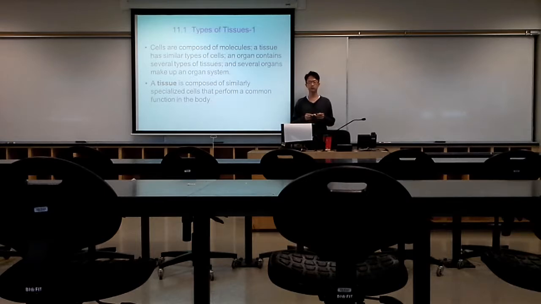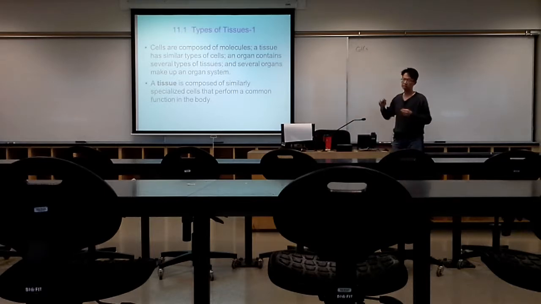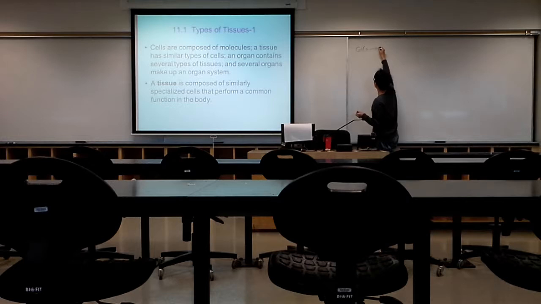So first of all, we talk about different types of tissues. Remember at the beginning of the semester, we talked about different levels of organization in an organism. All living organisms are made of cells. And then when you have a lot of cells of the same type, they group together and form tissues.